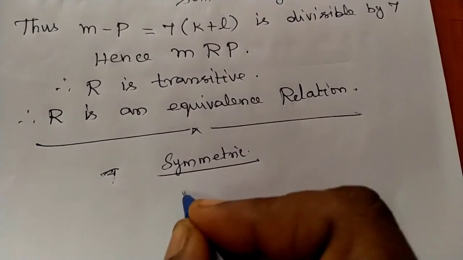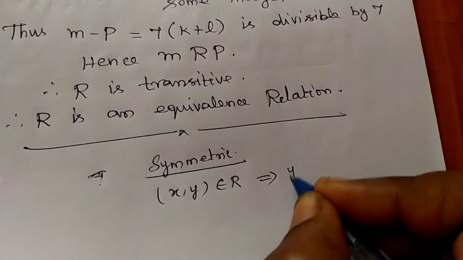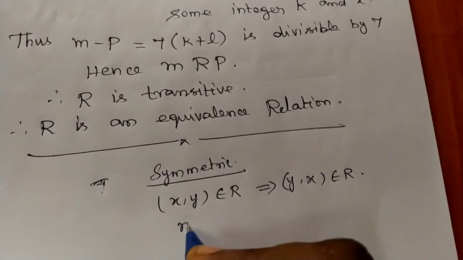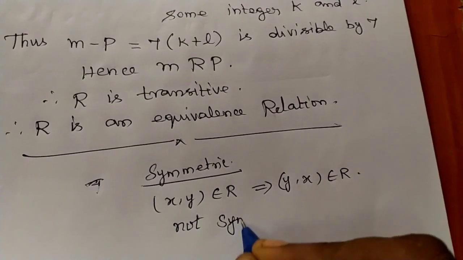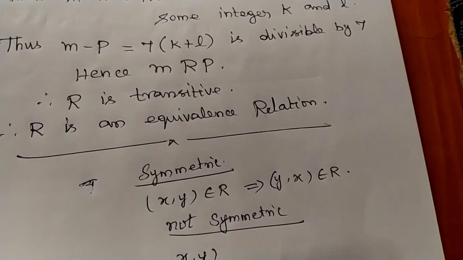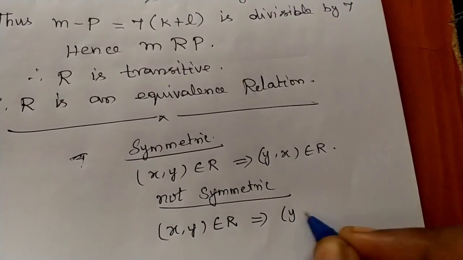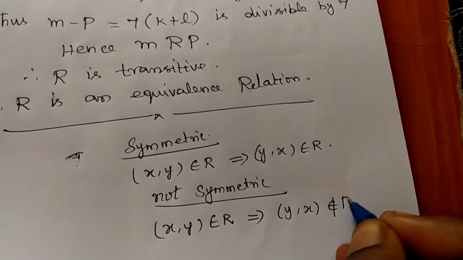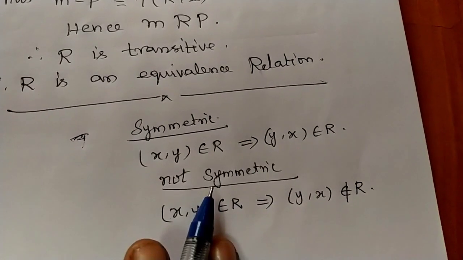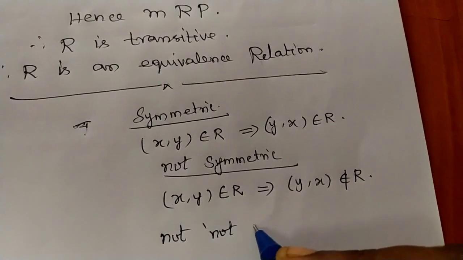What is symmetric? If one pair (x, y) belongs to R, then we want (y, x) also to belong to R. Not symmetric means one pair (x, y) belongs to R but the reverse (y, x) does not belong to R.